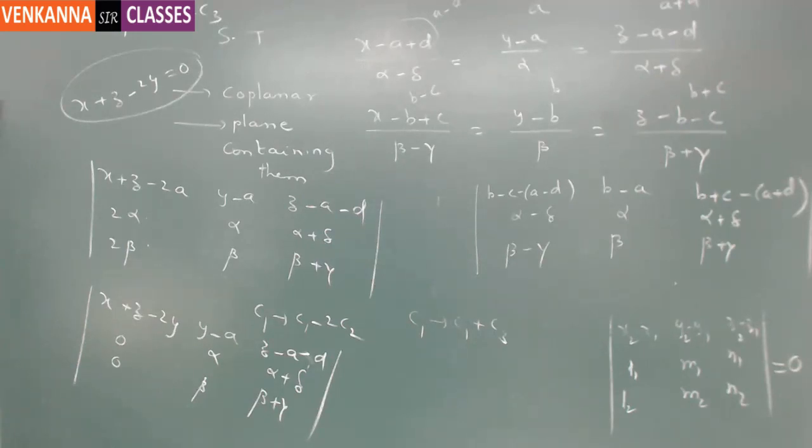Fine. If two columns are equal, then the determinant is 0, because while subtracting, one column will become 0 completely.